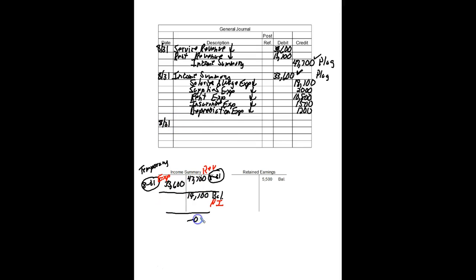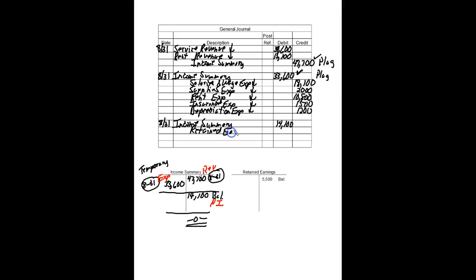I want to zero it out. Final balance, I want it to be 0, so I need to debit it to get it down to 0. So I'm going to debit income summary to empty it out. It's just a temporary account. And I want to move it to retained earnings.